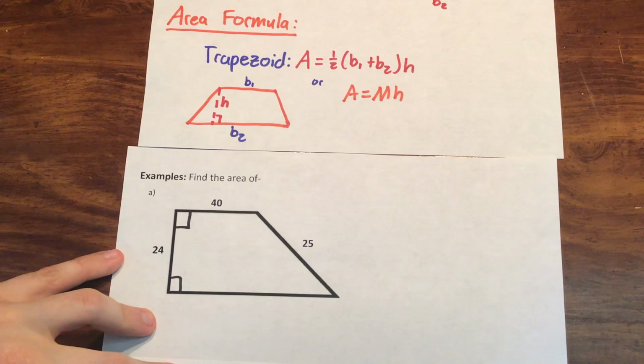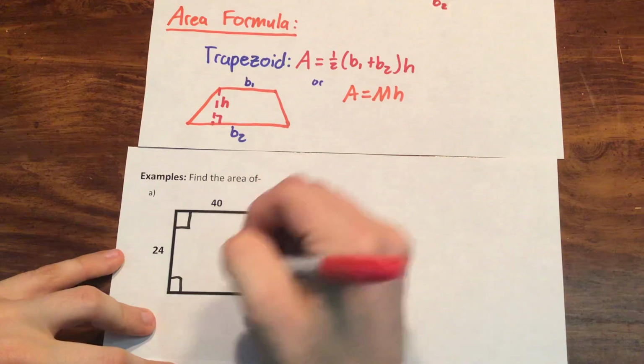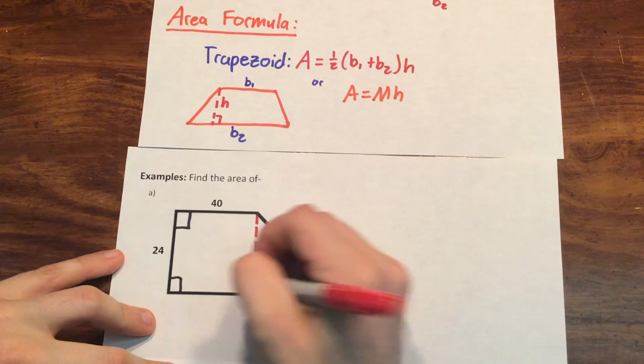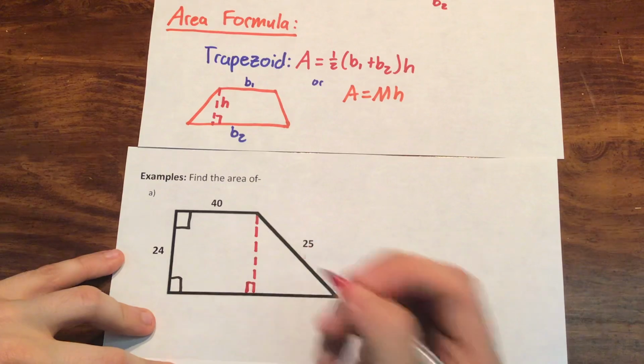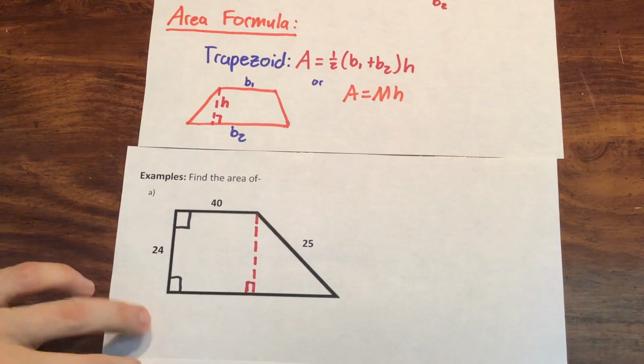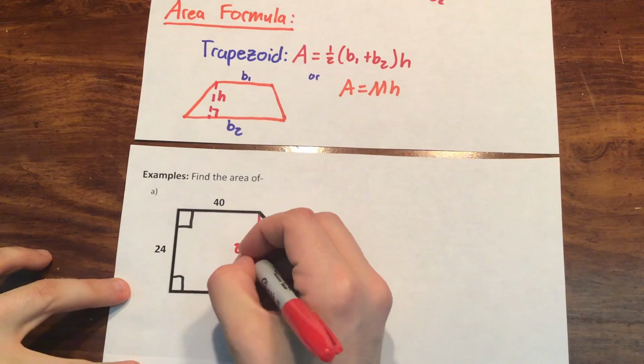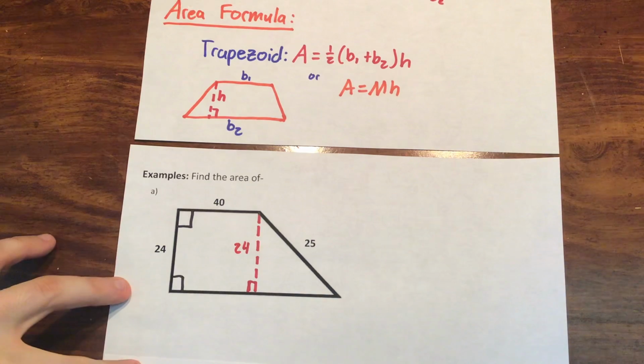But we want to use our area formula for a trapezoid since that's what we're talking about today. So we're going to do it that way. We are still going to break this up. And in doing so, what we're looking for is we need the height, which we technically already have here. We know that this is going to be 24. So we know our height's going to be 24 units.